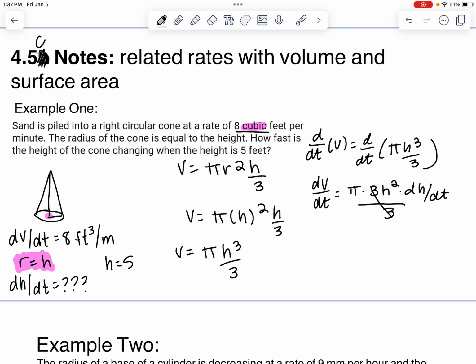But then these 3's just cancel each other out. Then I'll have dV/dt. So we know what dV/dt is, so I'm going to go ahead and plug things in. I know that dV/dt is 8. I know that the instant we're talking about, h equals 5. And what I don't know is dh/dt.